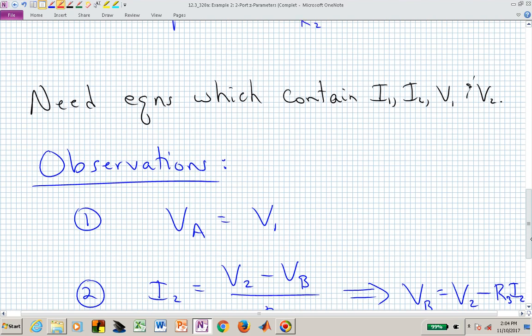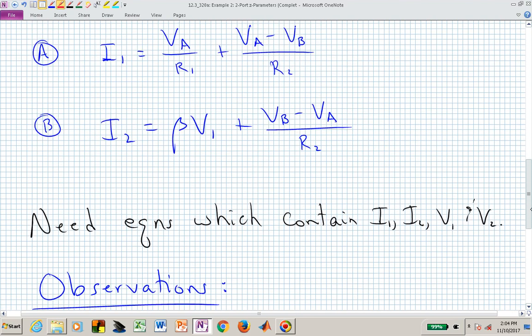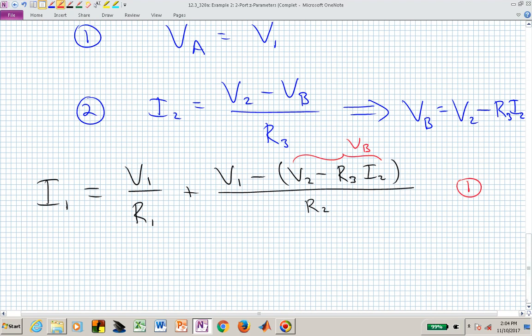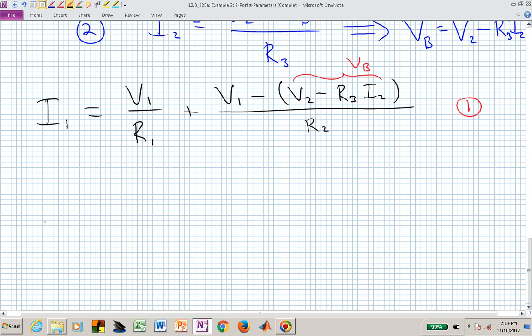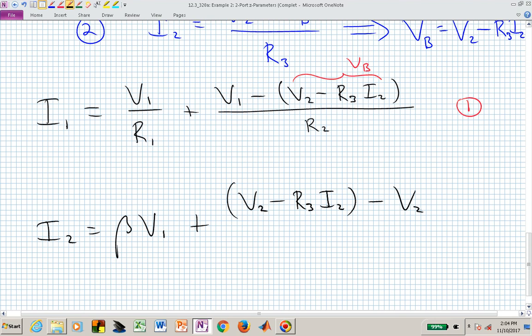From the second equation, or from equation B, we now can rewrite that as I sub 2 is equal to beta V sub 1 plus, and now we had V sub B, which is V sub 2 minus R sub 3 I sub 2 minus V sub 1.